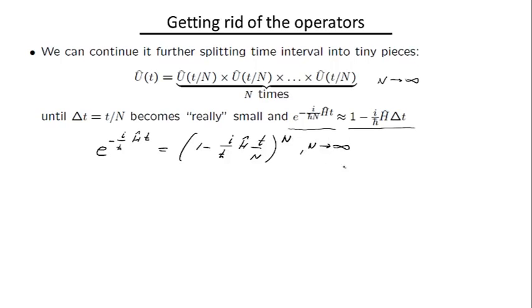And this is actually an alternative definition of the exponential. And this is absolutely correct. This is all there is. So instead of writing the complicated nonlinear function, the exponential of an operator, we are just going to write it as a product of functions which are linear in our Hamiltonian.